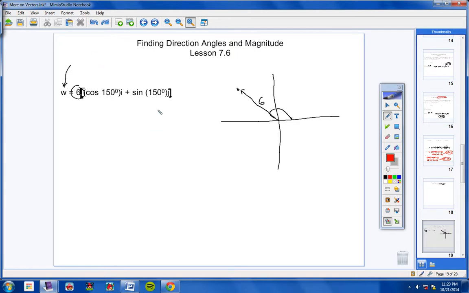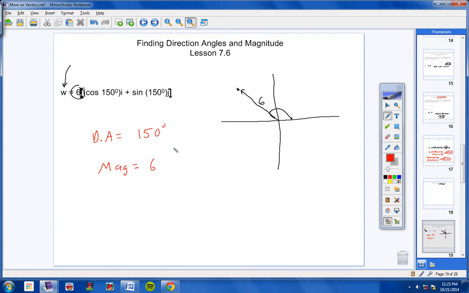Well, students, when it's written in this form here, it's so easy. What is your direction angle? 150 degrees. What is your magnitude? 6. Okay? So whenever it's written in this form here, it's pretty simple, okay?